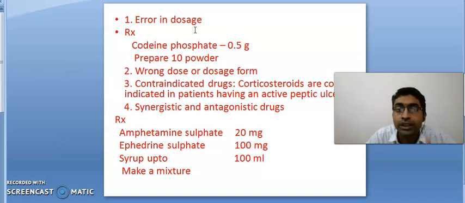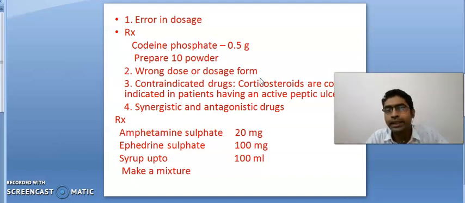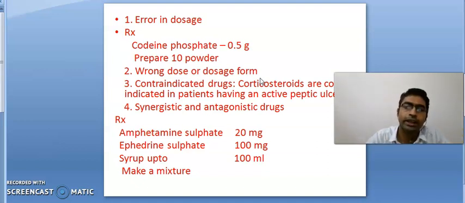How does this error in doses arise? Because during writing the prescription or during interpreting the prescription, error in doses occurs. And the most serious type of mistake is prescribing an overdose of a medication.